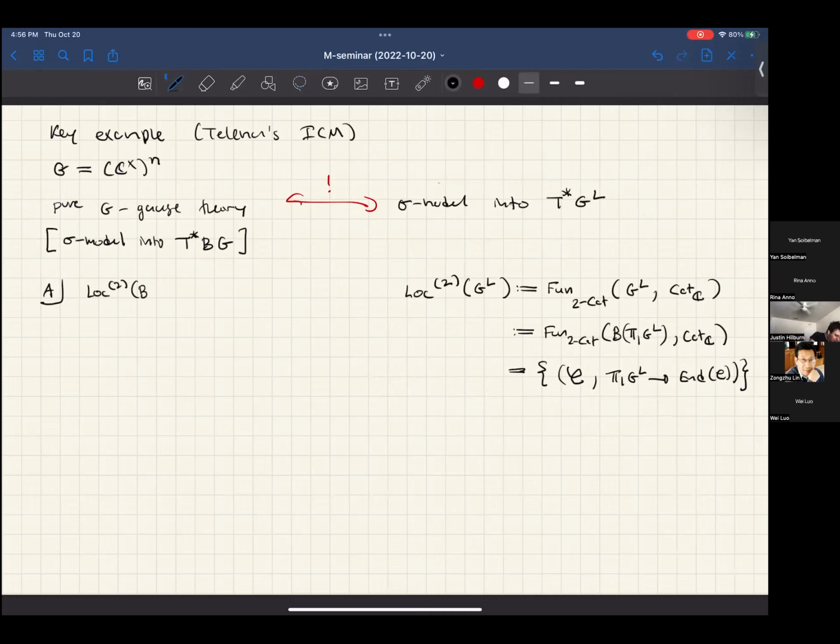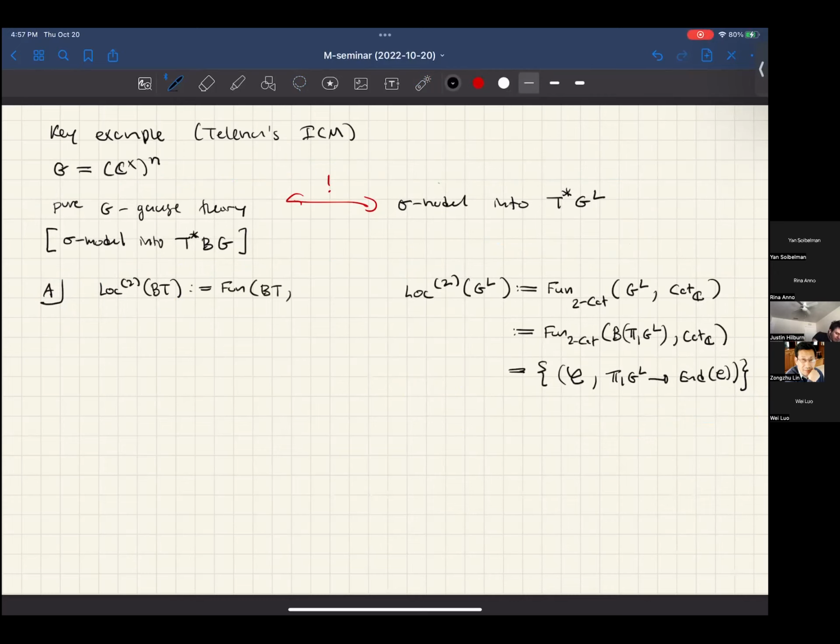So loc 2 of BT. Again, we're trying to figure out what this will be, and I'm going to literally just use the same definition. But now things are going to be much more complicated when I try and unpack it.